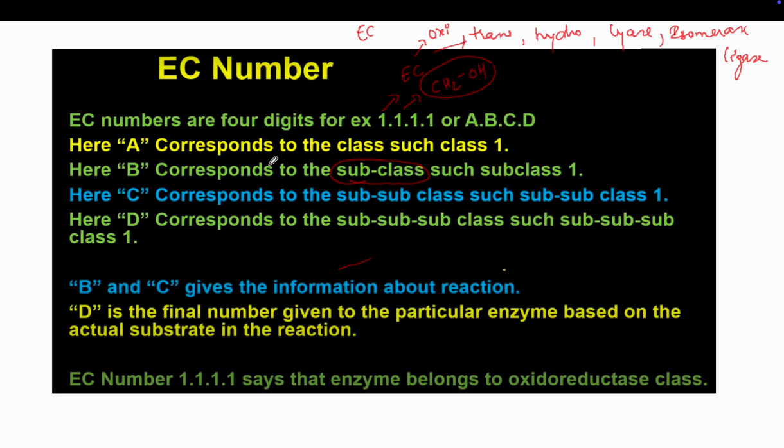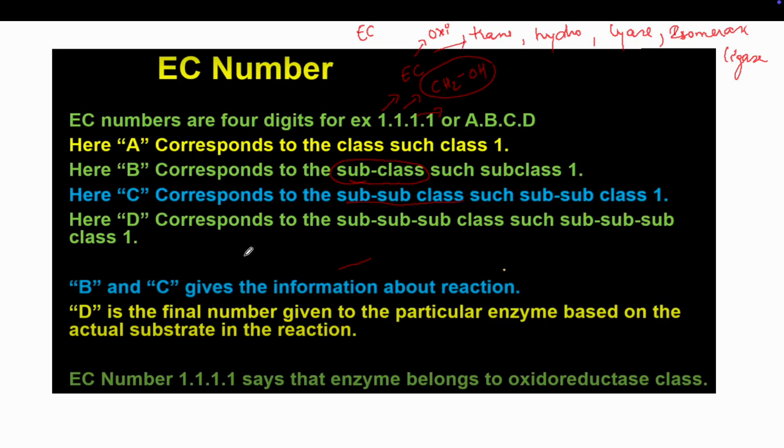The third number refers to the electron carrier or hydrogen transfer. It could be NADP, NADH, or some coenzyme. So it tells us who the electron carrier is, or whether any cofactors or coenzymes are involved.